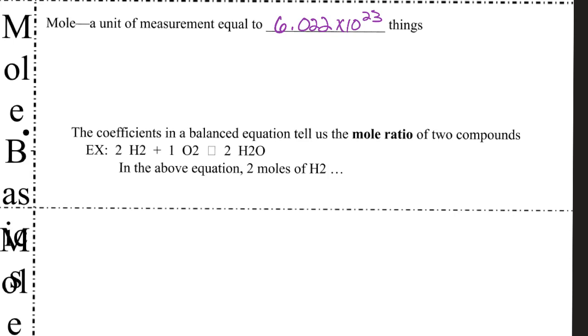But we're in chemistry class, so our things that we're going to be counting are things like compounds. Compounds are going to be a group of atoms that are joined together.